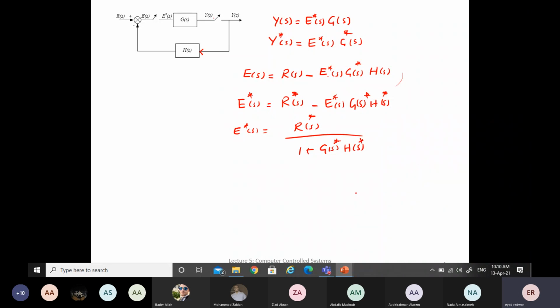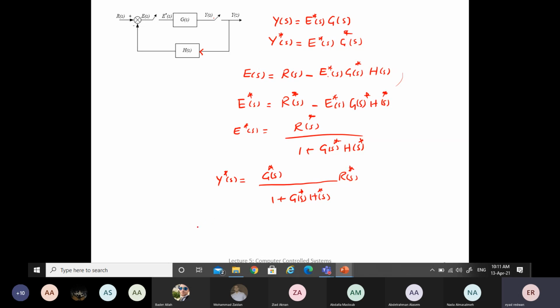So if you plug this into this equation you get Y starred of S equals G of S starred times 1 over 1 plus G of S starred H of S starred, multiplied by R of S starred.